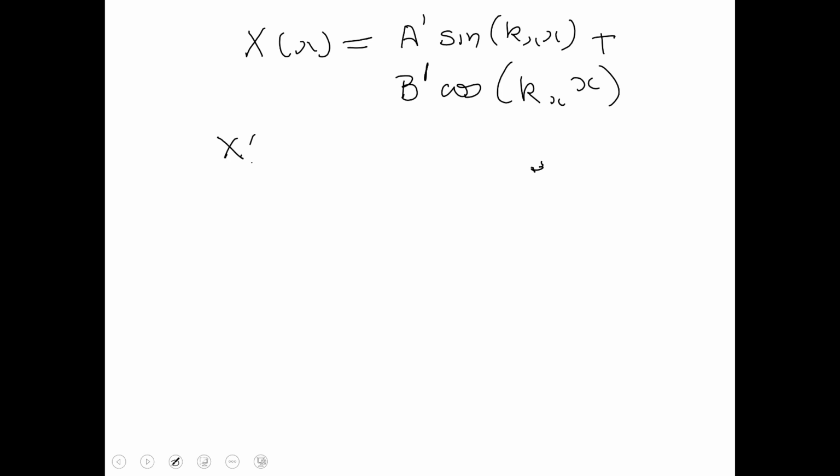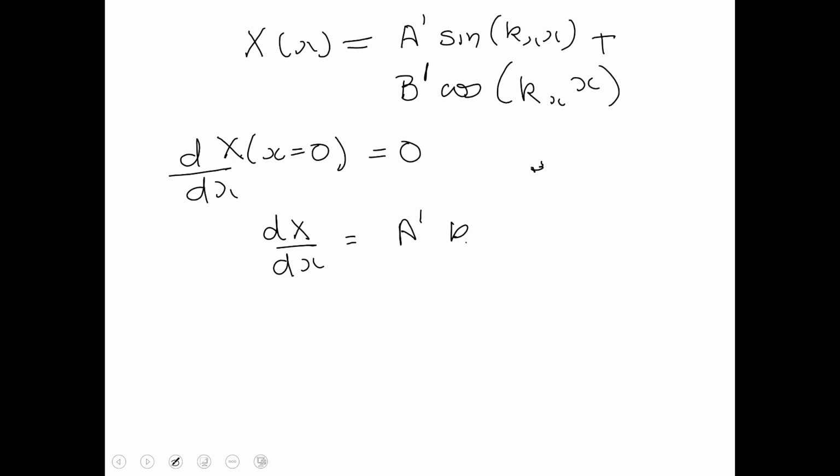And because dX by dx is 0 at x is equal to 0, I take the derivative. dX by dx is a prime kx cos kx x minus b prime kx sine kx x.